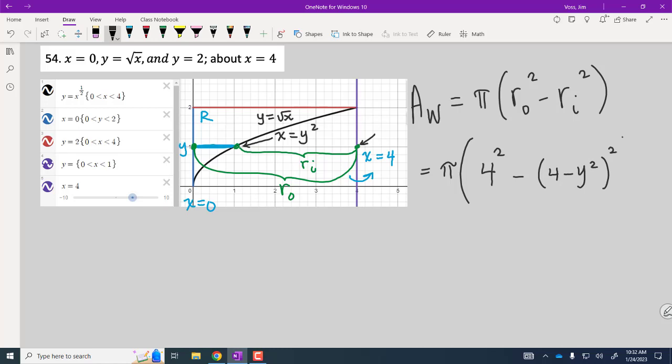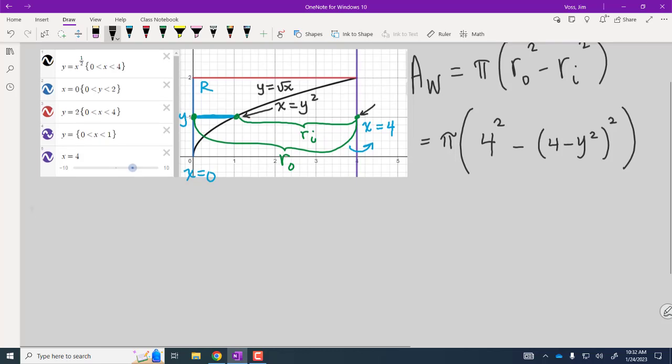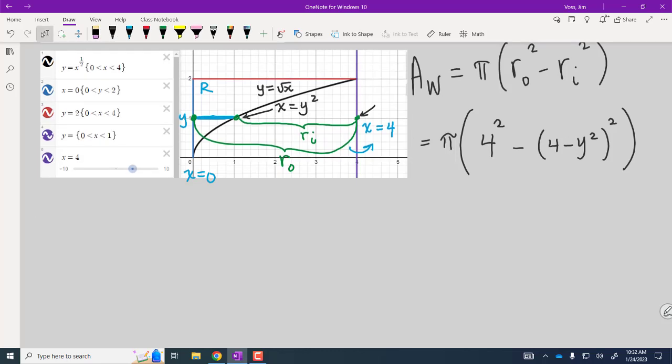And then we square it to get the area of the little disk. The big disk is the outer radius. The inner radius is the little disk, and we're taking the difference. So our area, let's come over here and simplify this a little bit. We're going to have 16 minus 8y squared plus y to the 4th, squaring that out.